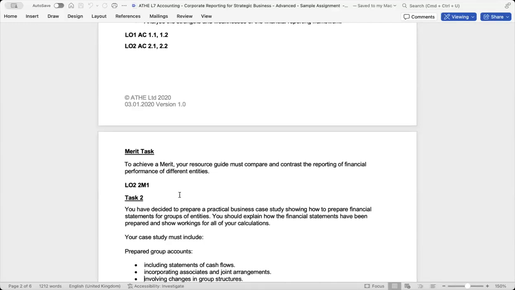For distinctions, evaluate the need to prepare detailed financial statements when changes in group structures occur. Consider how these changes impact transparency, accuracy, and the decision-making process for stakeholders.